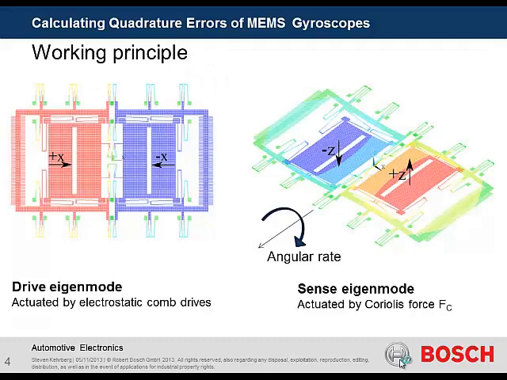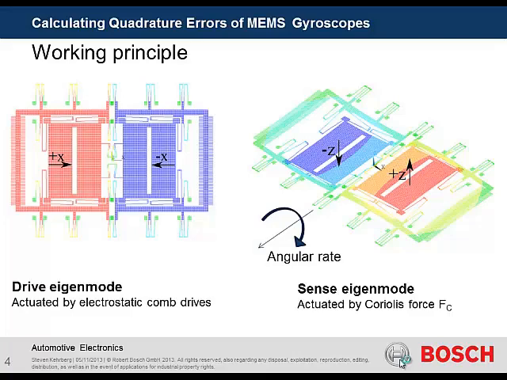So we have an eigenmode that has an eigenfrequency of about 25 kilohertz, and when you apply electrostatic forces on the comb drives on the left and right hand side, then you get this antiparallel movement of the 2 masses.